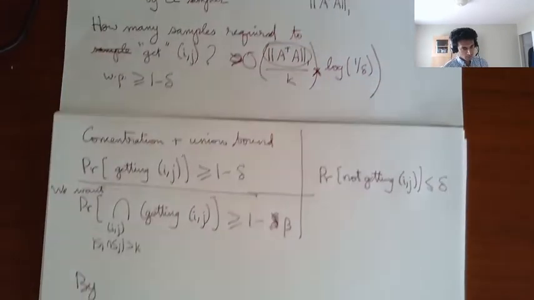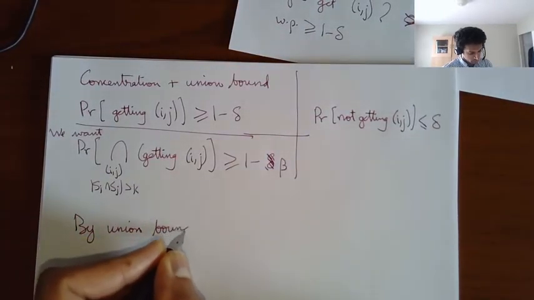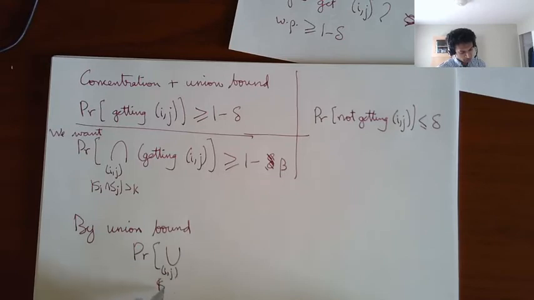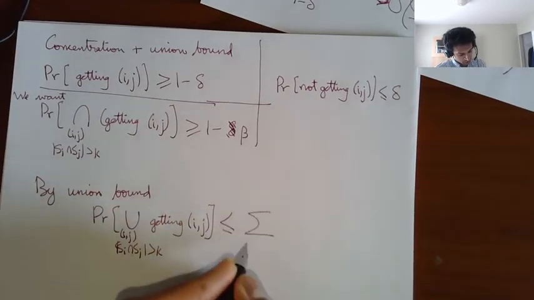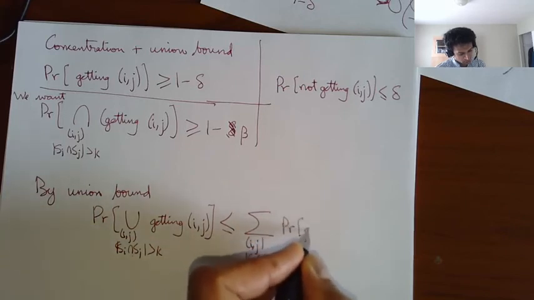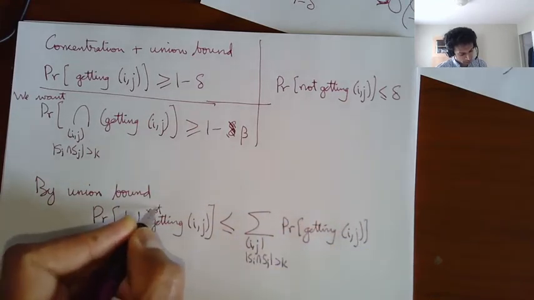Now, by the union bound, the probability of the union over all ij with si intersect sj greater than k of not getting ij is at most the sum over all such ij of the probability of not getting ij.